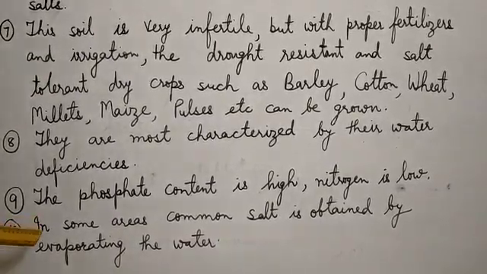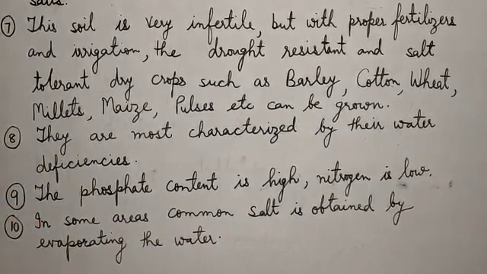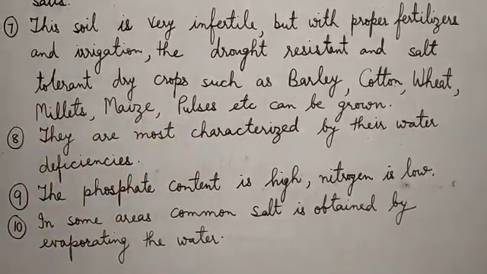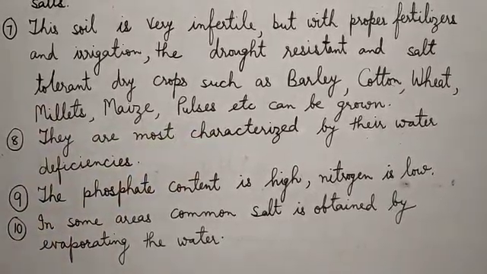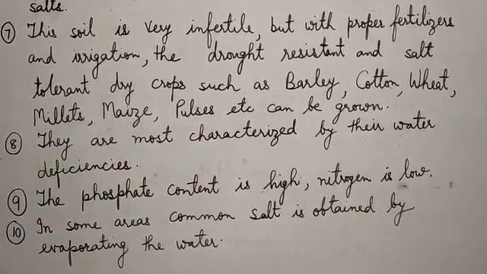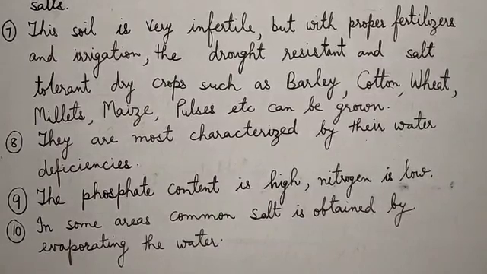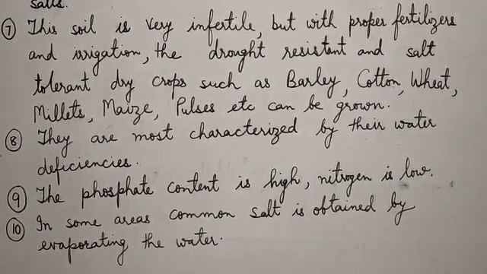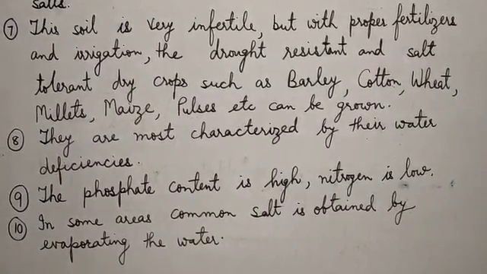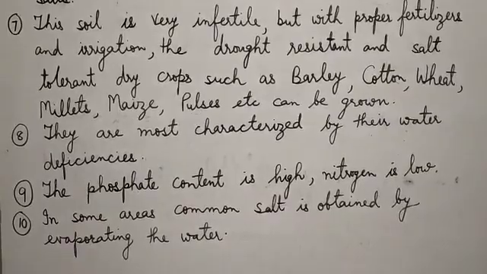As the salt content of this soil is very high, in some areas where salt content is very high, common salt is obtained by evaporating the water. So, students, phosphates and nitrates make this soil fertile wherever moisture is available. Therefore there is a possibility of reclaiming these soils if proper irrigation facilities are available.